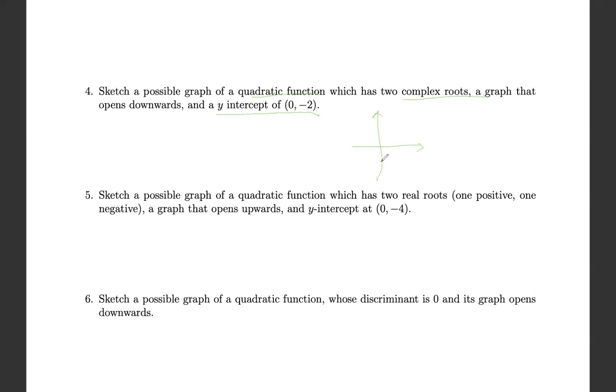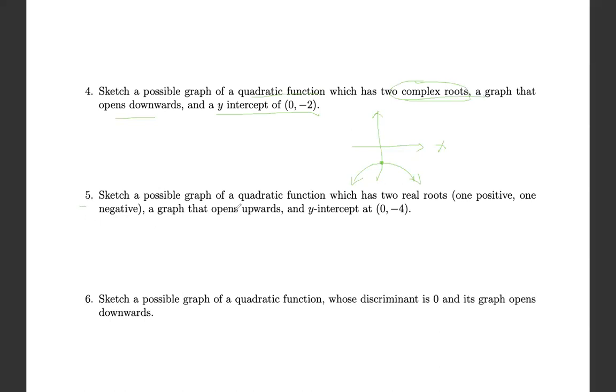Or 0, -2, let's see -2 is here. So this is on the graph. It says open downwards, quadratic open downwards, like this. It has no real roots. It only has 2 complex roots. That means the graph never intersects with the x-axis. It goes away from the x-axis. That's it. So this is just one of them.